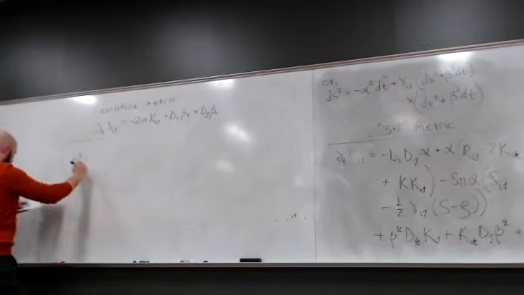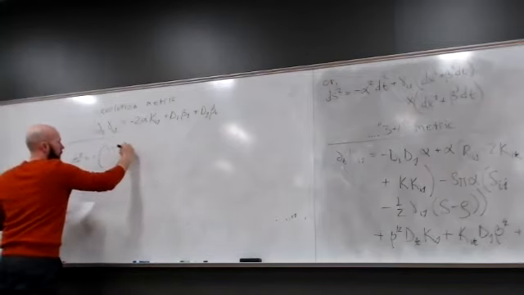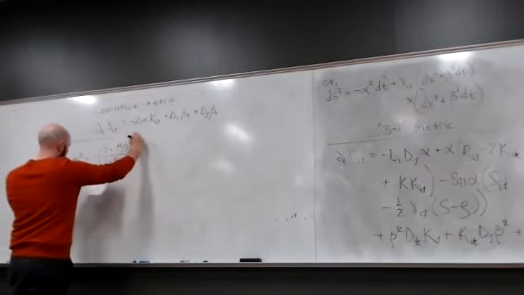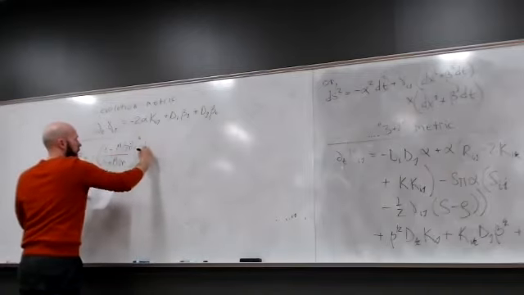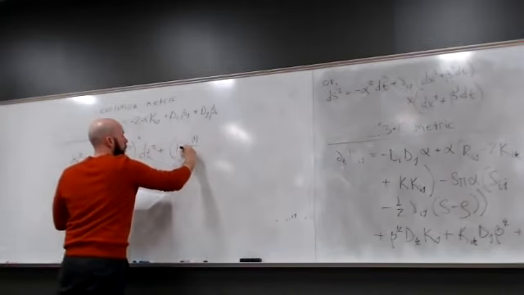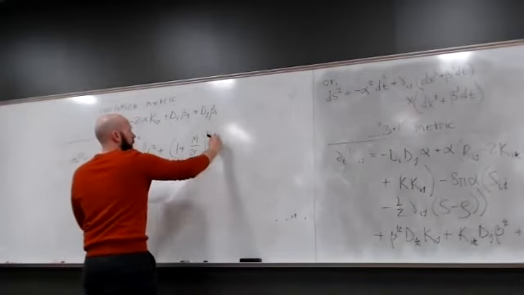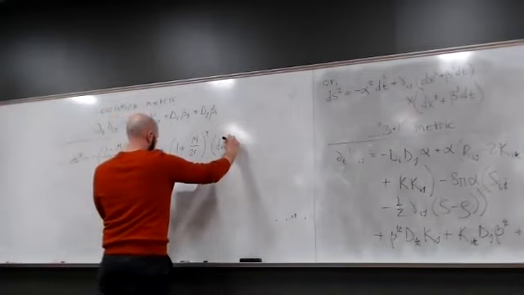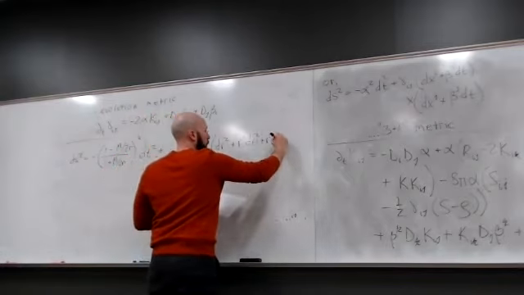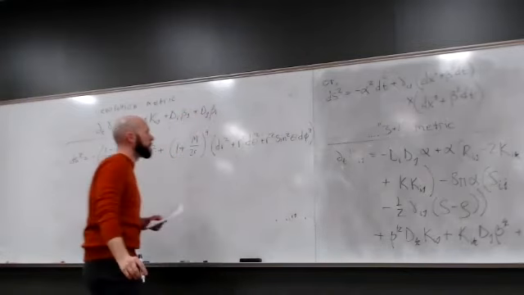So ds squared equals minus (1 minus m over 2r over 1 plus m over 2r) all squared dt squared plus (1 plus m over 2r) to the 4th, all times what looks like a flat metric, dr squared plus r squared d theta squared plus r squared sine squared theta d phi squared, right?